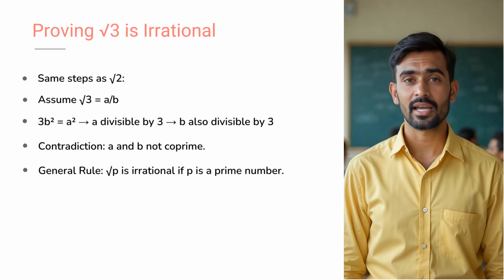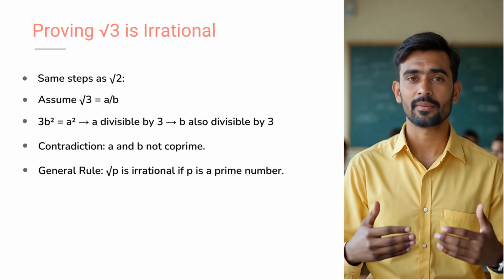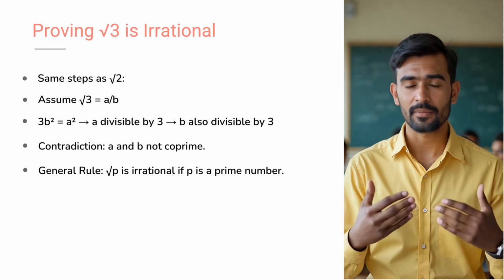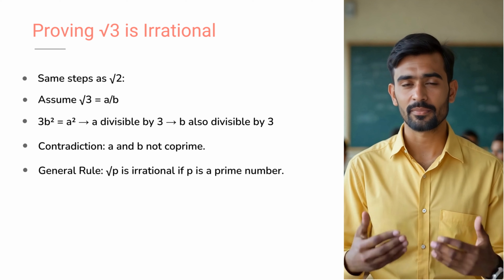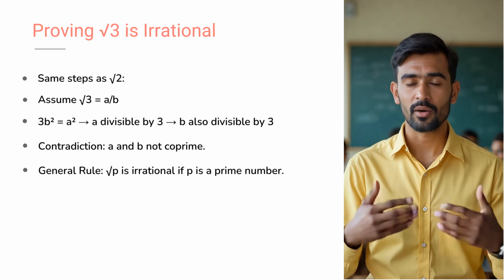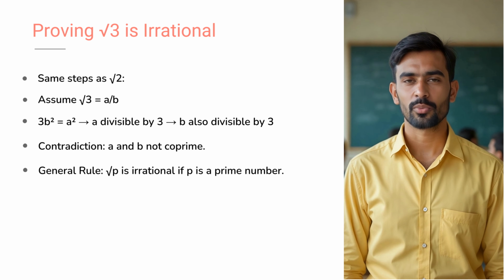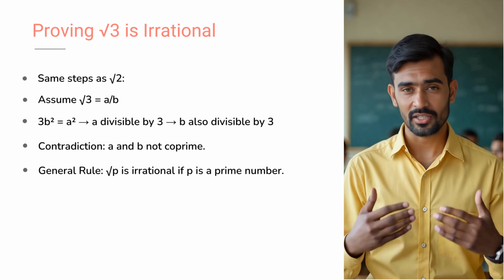Substituting back, a squared equals 9c squared. 3b squared equals 9c squared. So b squared equals 3c squared, which means b is also divisible by 3. Again, a and b are both divisible by 3, contradicting our assumption that they are coprime. Therefore, square root of 3 is irrational.